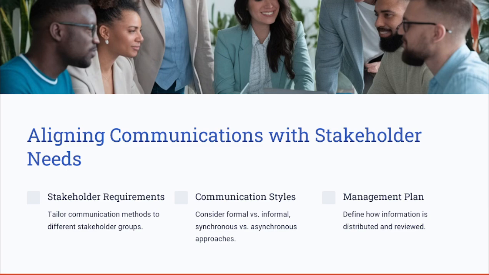We also talked about these different communication styles, including formal versus informal, or push and pull information. So all of these you need to understand based on the stakeholder needs, and based on that you make your communication tailored to their needs.